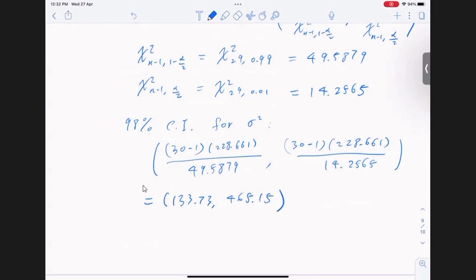So this is how we can construct a confidence interval for the population variance. And usually, this interval will be pretty wide for the variance. Is there any question?